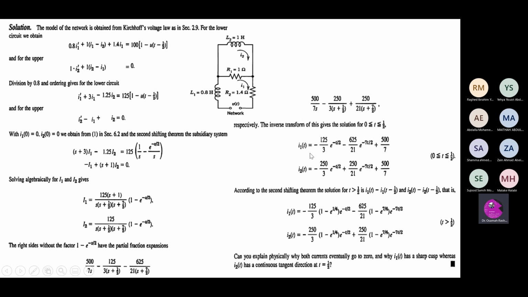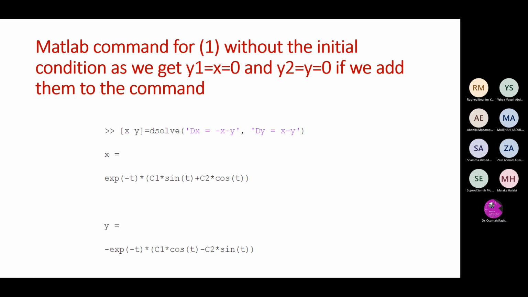I get the current in the first loop and I get the current in the second loop. Catch it? Okay. We know how to find the solution of a system of differential equations. What about if we have initial conditions? You just add the initial conditions over here, right? Okay.